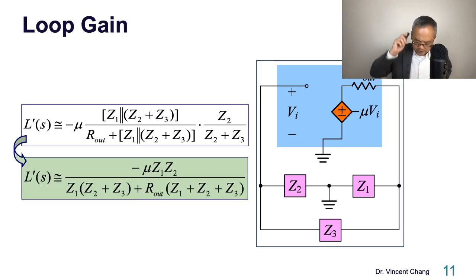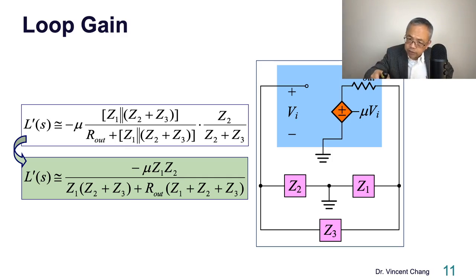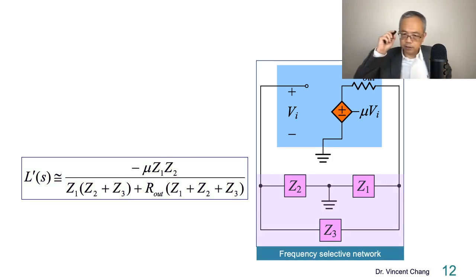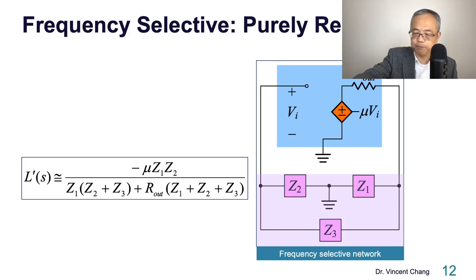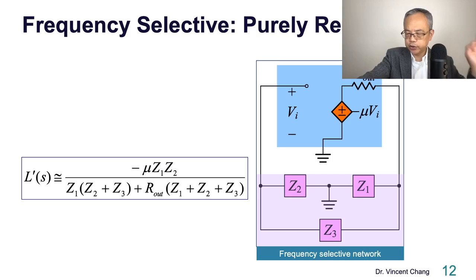So now, I said the LC tuned oscillator means that each impedance, Z1, 2, 3, is either inductive or capacitive. So this means the frequency selective network is purely reactive. Each component's impedance is going to be purely imaginary, right?